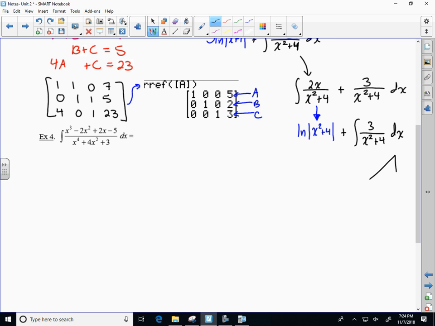is draw the triangle, label it. I'm going to have my U and my A. U is x, A is 2. Place them appropriately. All right.